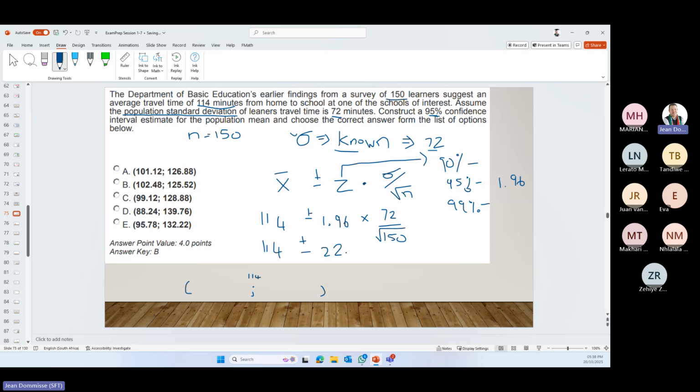Now I'm worried that I made a mistake, this looks very big, so let me quickly recheck. 72 divided by the square root of 150. I think I used 50.